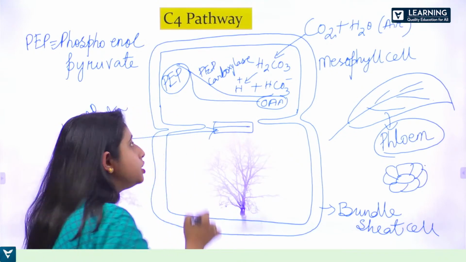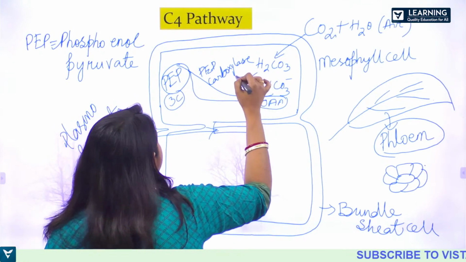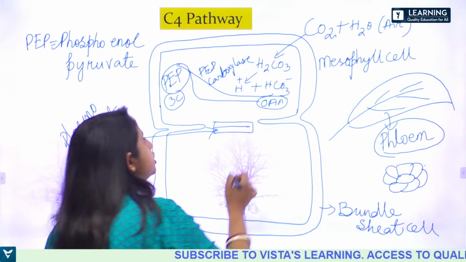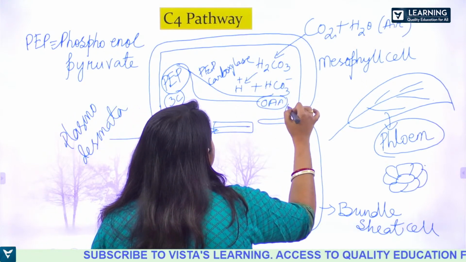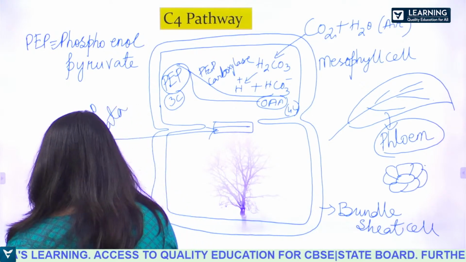Phosphoenol pyruvate is a 3-carbon molecule. It combines with carbon dioxide and forms a 4-carbon molecule. Right?